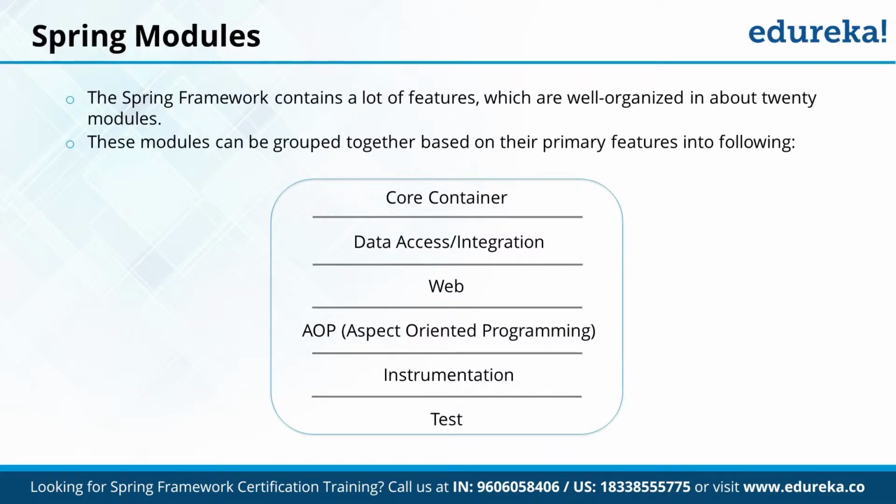So you can access the data sets, or you can have integrations with frameworks like Hibernate. Core container will be the one which is the basic functionality. Using the web layer or the web APIs, we can write the web MVC code. Then aspect oriented programming: the way we got object oriented programming, in a similar way we got aspect oriented programming.